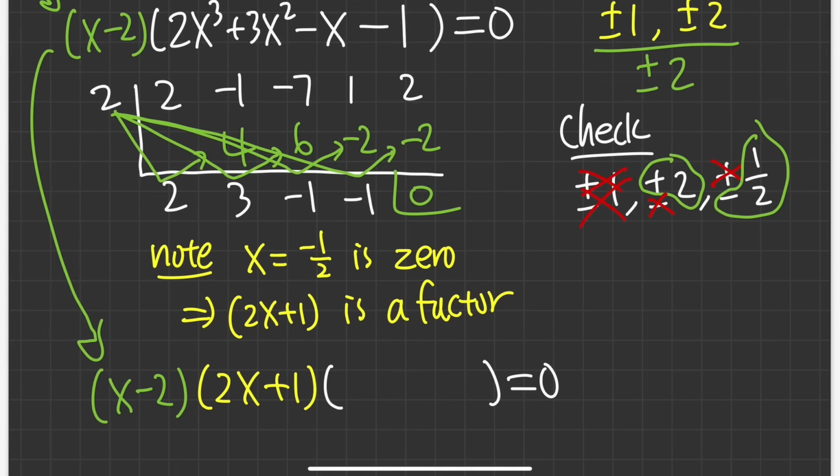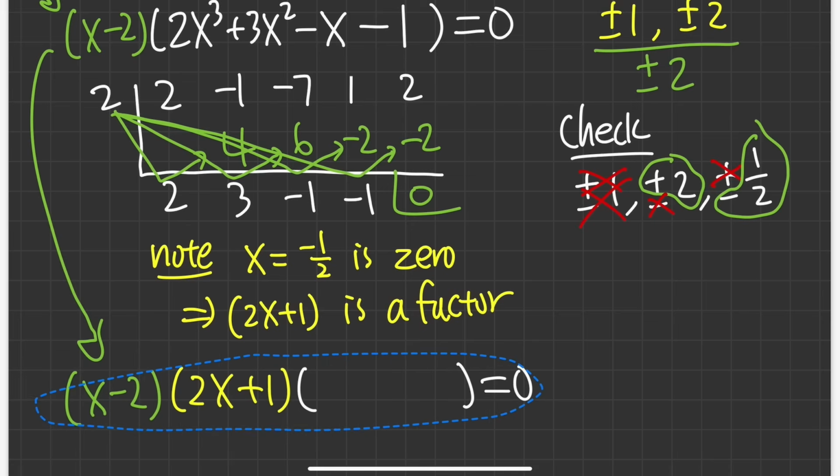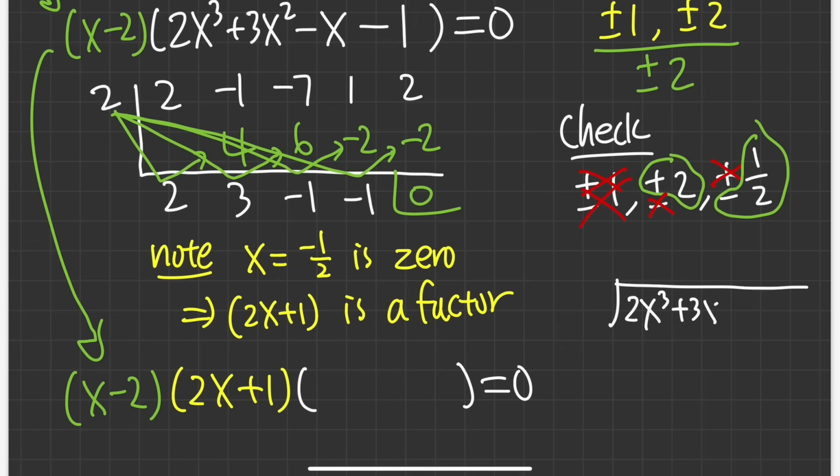So to get this factor, we will take this, divide it by that, and we'll just do polynomial long division. And I will put it right here for you guys. Polynomial long division. We have 2x cubed plus 3x squared minus x minus 1. And on the outside, we'll put this, which is 2x plus 1.